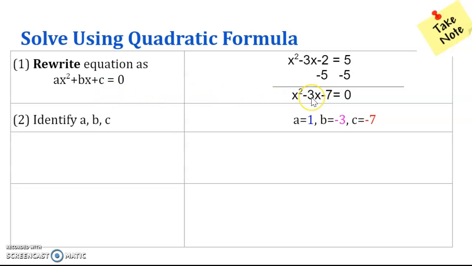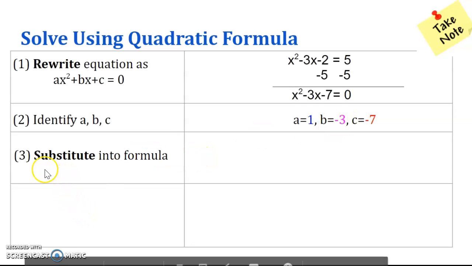So b in this case is not 3, but it is -3. Remember, the negative sign goes with the number that follows. So b is equal to -3. And then what is c? C is again not just 7, but it is -7. So you need to identify a, b, and c separately.